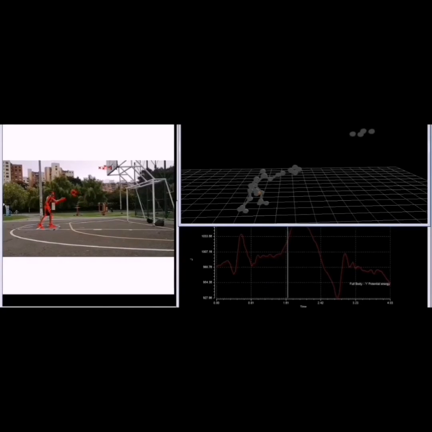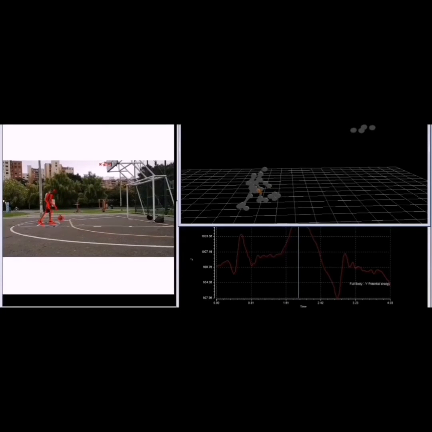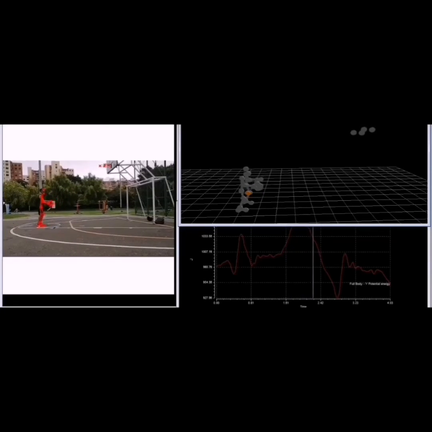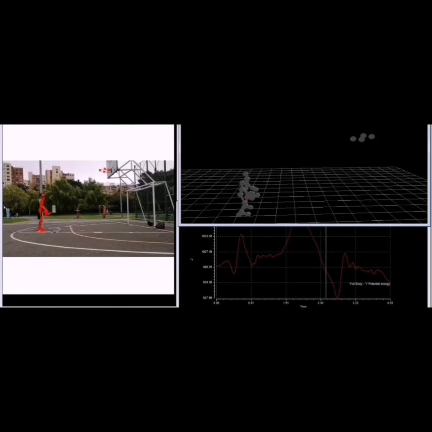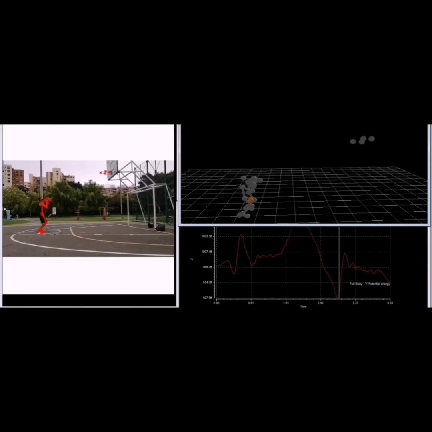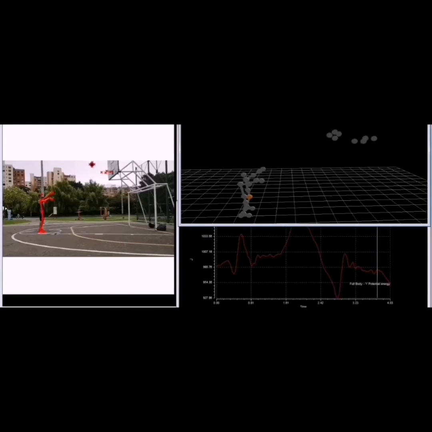In this way, it can be concluded, according to the technical movement and the graphs, that the shot with more potential energy achieved was the first, with a result of 1034 joules in 35 seconds, in which the basket was effective, between the main phase and the start of the final phase.